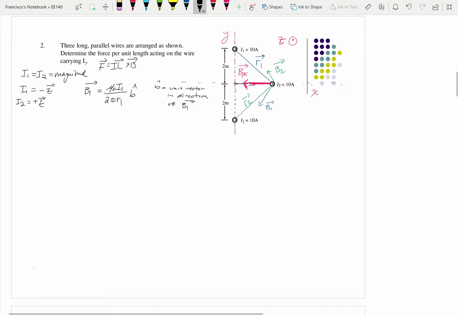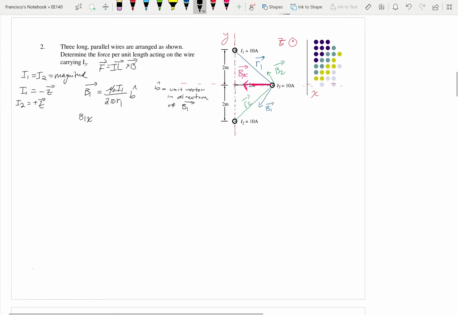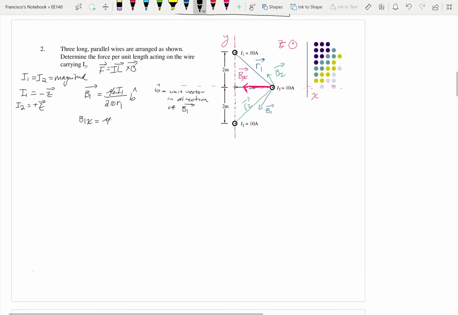So this B1 is going to be this right here. However, since we know that Bx is along this axis here, it's going to be in the negative x-axis. Let's find the x component of the magnetic field acting on the wire carrying I3 due to I1. Therefore, B1x equals B1 times cosine of this angle here.